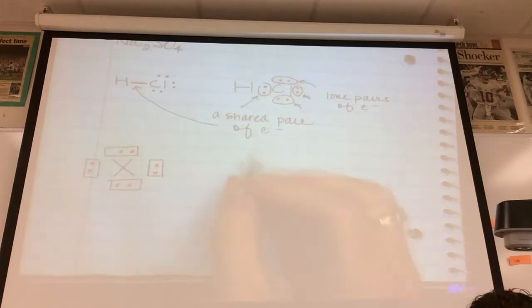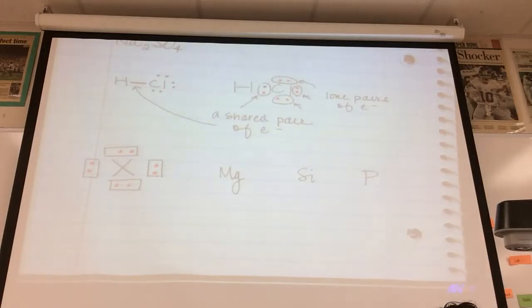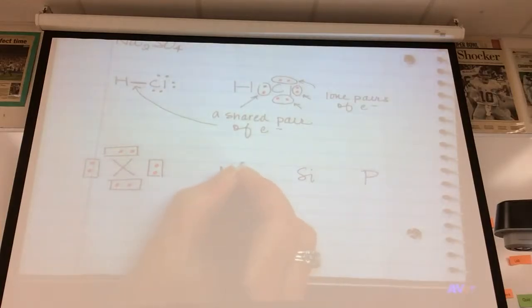So for example, if you look at magnesium, silicon, and phosphorus, you should recall that for the main group or representative elements, that's S or P block elements, the group number corresponds to the valence electrons. So magnesium's in what group? 2. 2 valence electrons. 1, 2.